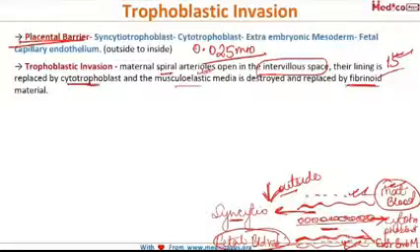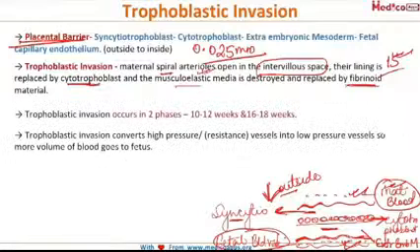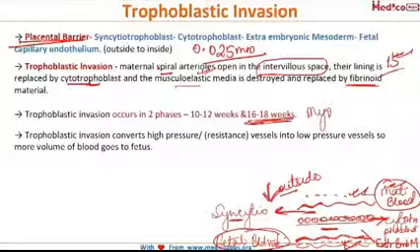And this trophoblastic invasion occurs in two phases. First, at 10 to 12 weeks of gestation, in which the invasion is up to the decidual segments of the maternal arteriole, and the second phase, which occurs at 16 to 18 weeks, when it occurs up to the myometrial segments of the arterioles.